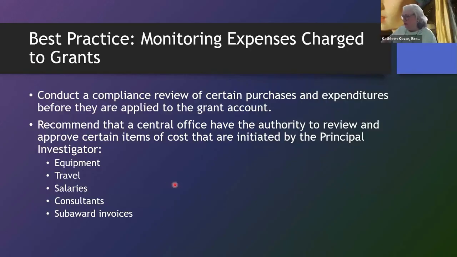We identified equipment, travel, salaries, consultants, and sub-award invoices. There are other types of expenses, but we really put a lot of scrutiny into reviewing these expenses. And again, we do that before we allow the expense to hit the grant accounts.